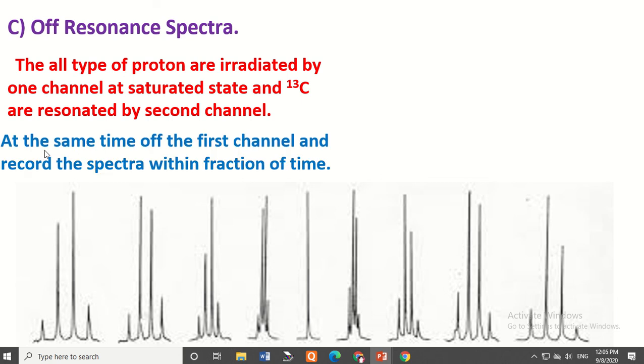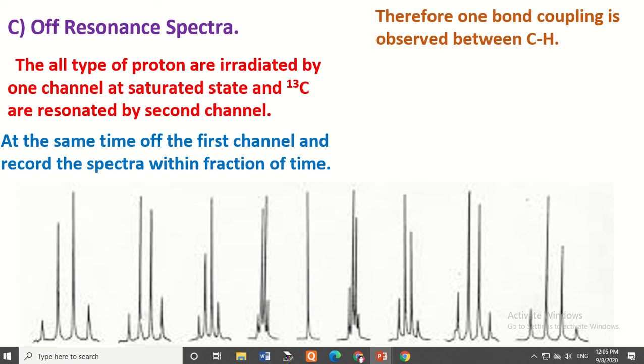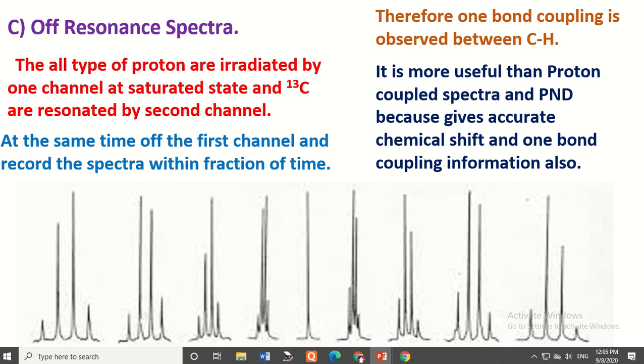But at the same time as the first channel, the spectrum is recorded within a fraction of time. Therefore, one-bond coupling is observed, but two-bond and three-bond coupling is not observed in this spectrum. Therefore, this spectrum gives more accurate information of multiplicity as well as chemical shift.